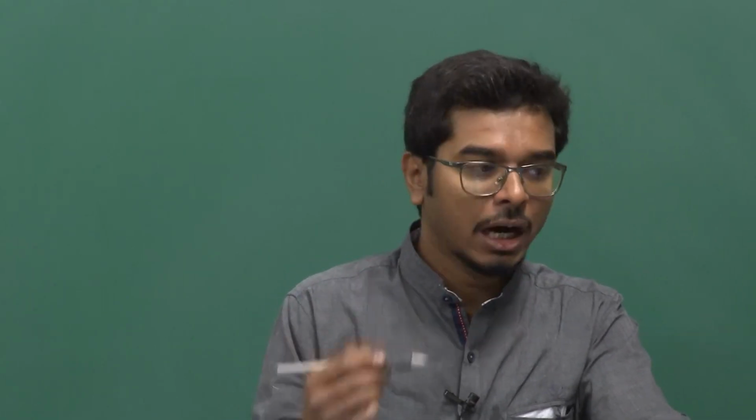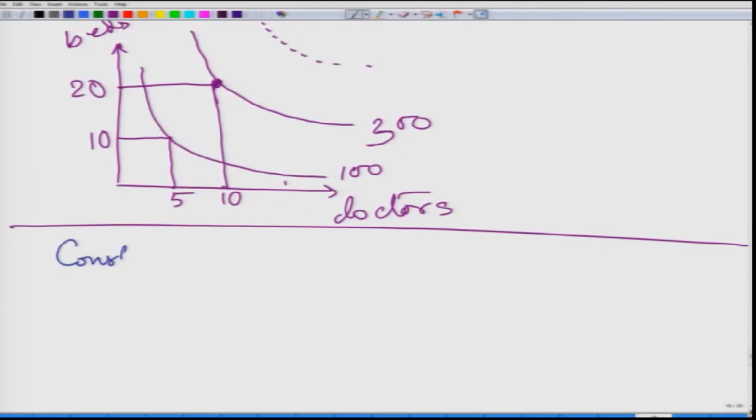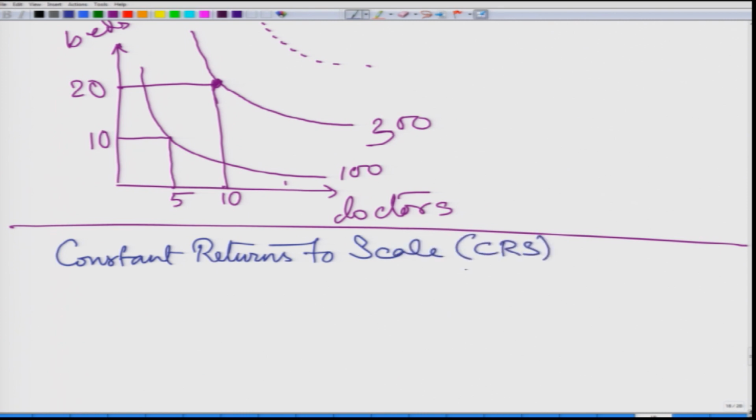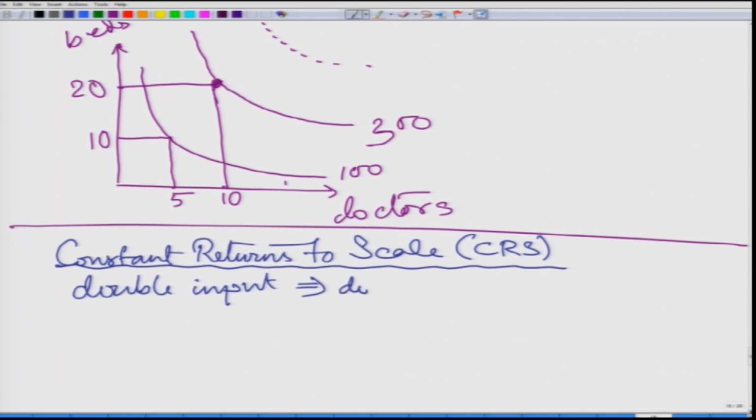Yeah. So at the same time, when we have constant return to scale, CRS, it is not very difficult to understand that when I double my input, it will lead to exactly doubled output.